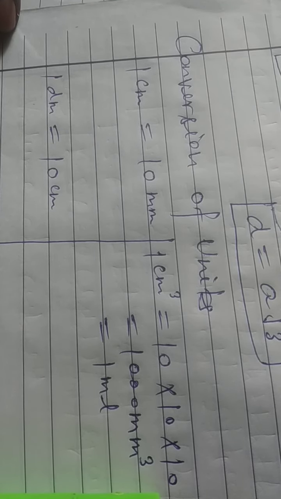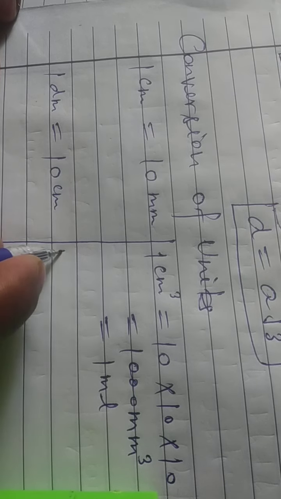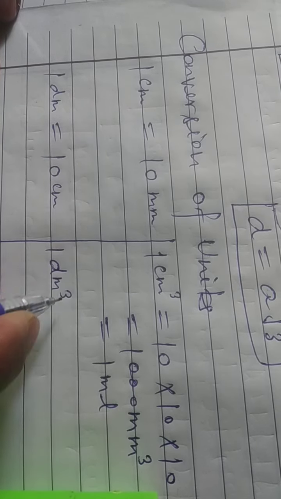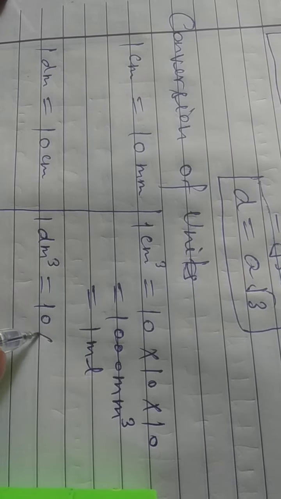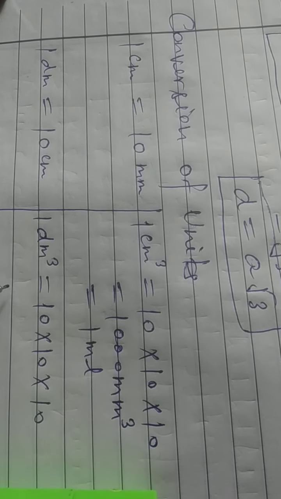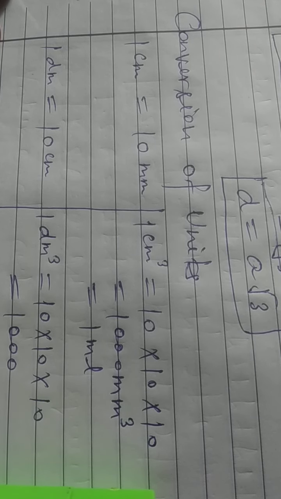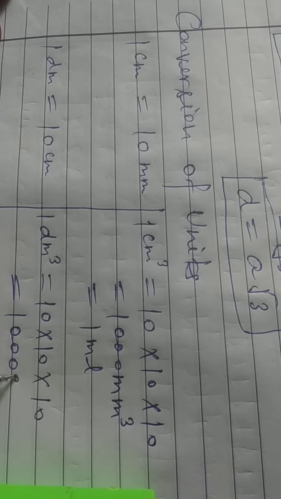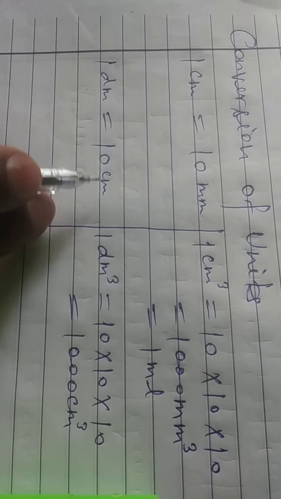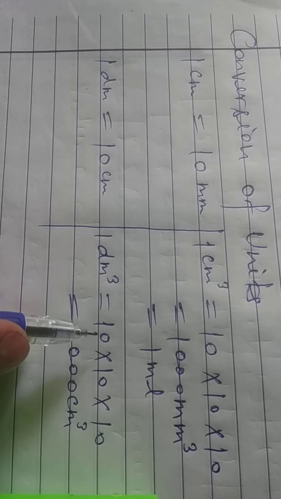If we take a volume unit, 1 decimeter cube, this will be 10 into 10 into 10, which is equal to 1000 centimeter cube, because 1 decimeter is equal to 10 centimeter.